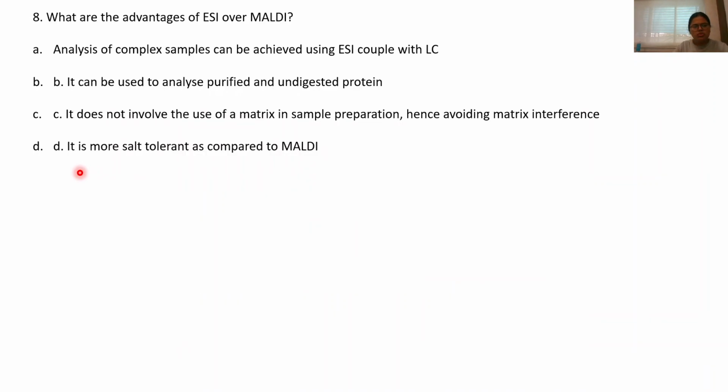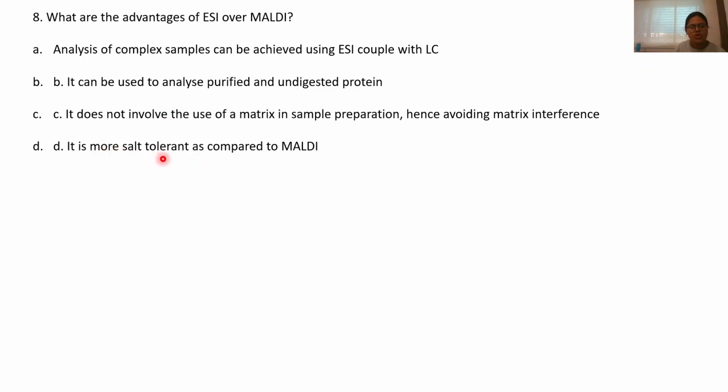Coming to another question: what are the advantages of ESI over MALDI? Analysis of complex samples can be achieved using ESI coupled with LC. It can be used to analyze purified and undigested protein. It does not involve the use of matrix in sample preparation, hence avoiding matrix interference.